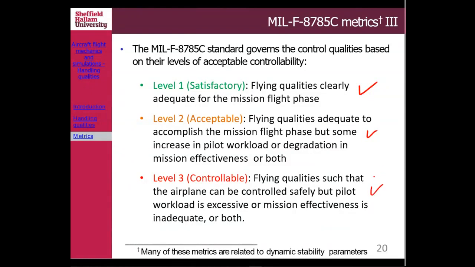Now, when we talk about handling qualities assessment using 8785C, at some flight conditions your aircraft could fall into level 2, which is still acceptable, right? It's not the end of the world. Although in your design you try to achieve level 1, at certain conditions your aircraft sometimes goes down to level 2 because you cannot.